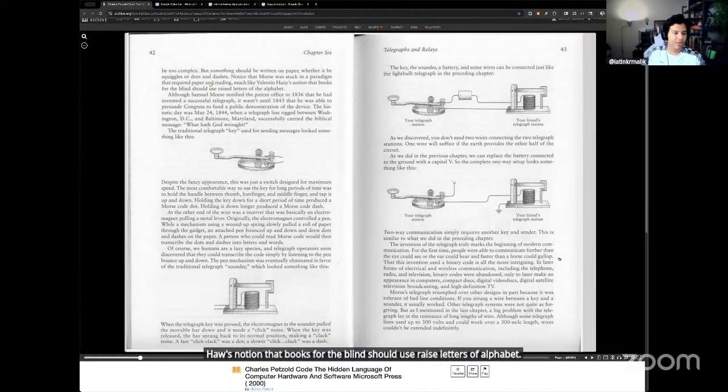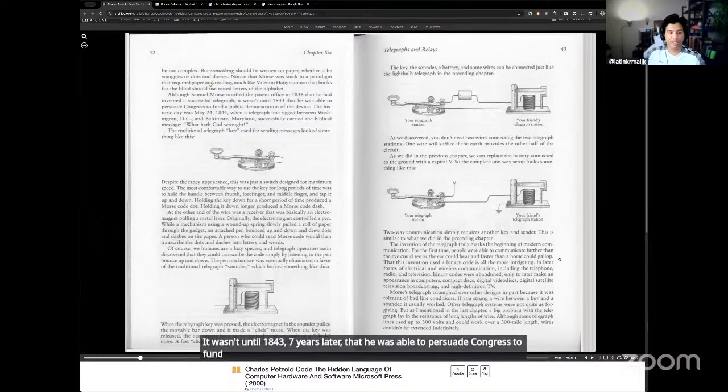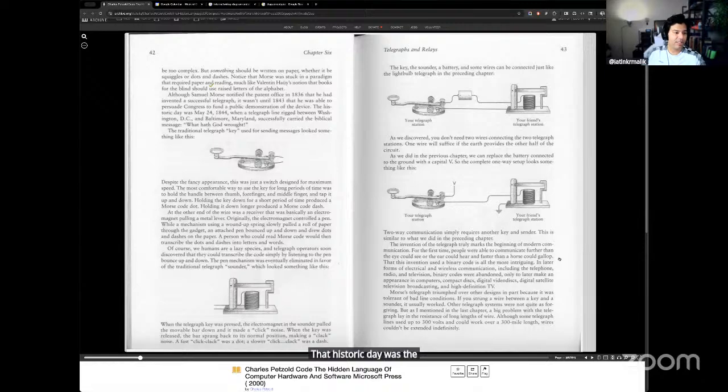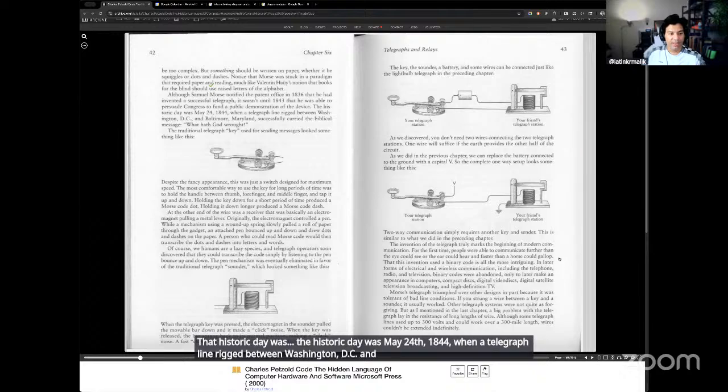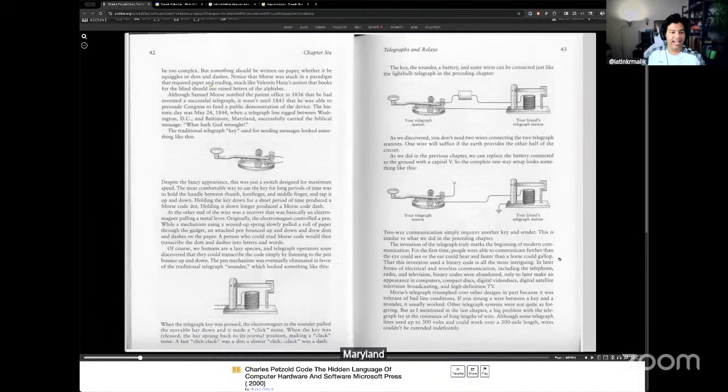Although Samuel Morse notified the patent office in 1836 that he had invented a successful telegraph, it wasn't until 1843, 7 years later, that he was able to persuade Congress to fund a public demonstration of the device. The historic day was May 24th, 1844, when a telegraph line rigged between Washington, D.C. and Baltimore, Maryland, successfully carried the biblical message, "What hath God wrought?"